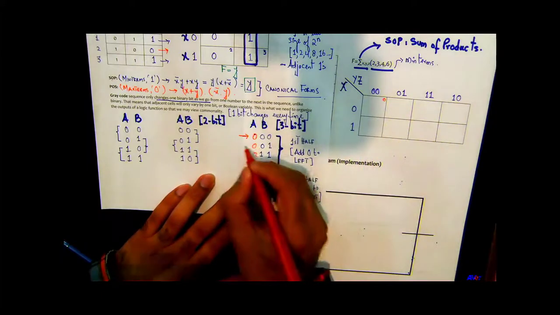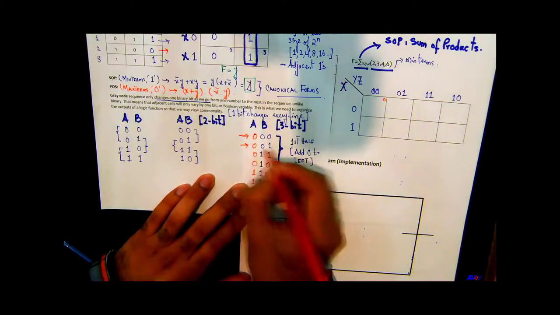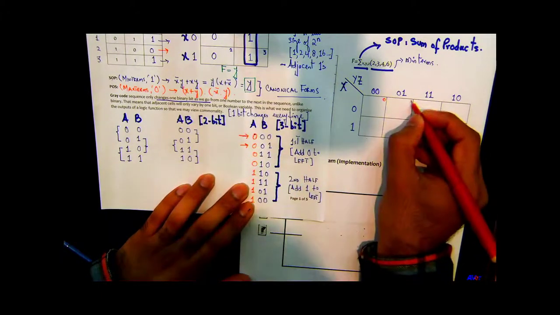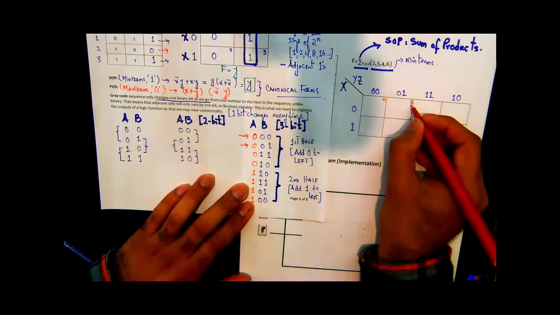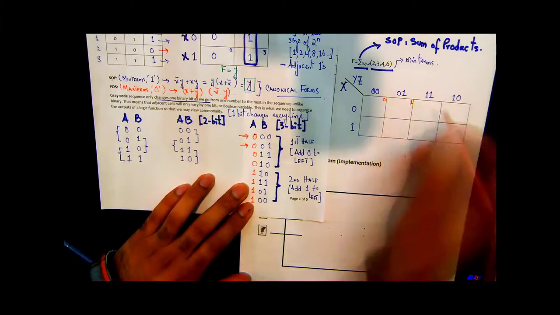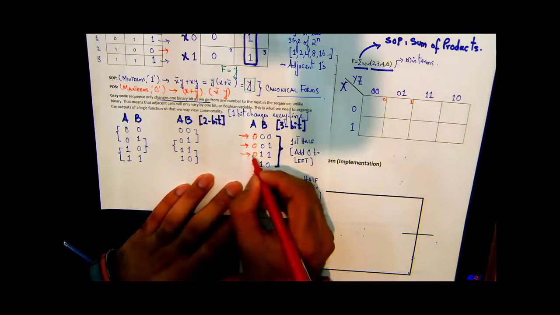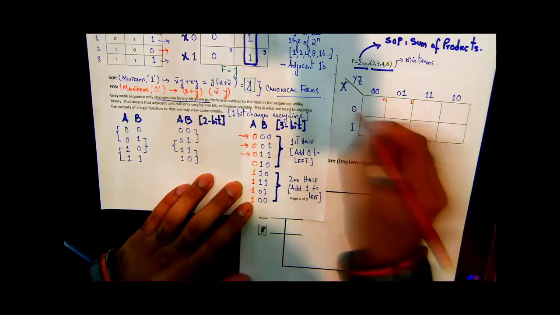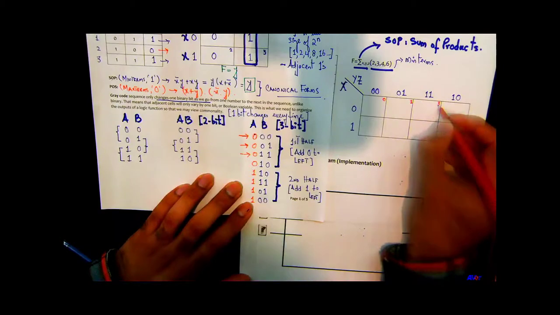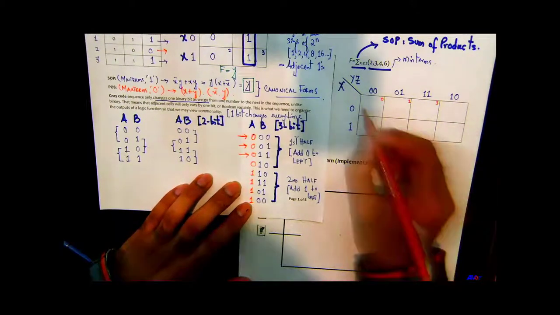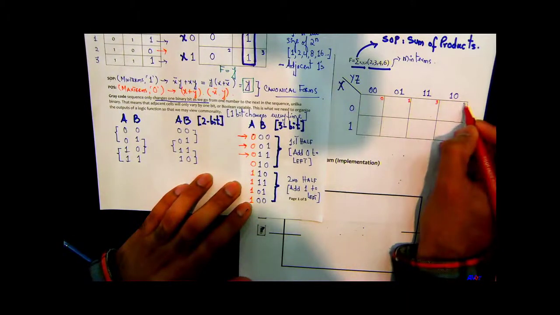What is the next number in here? 0, 0, 1, which is the decimal code for 1. Next value in the sequence is going to be 0, 1, 1, correct? This number is 0, 1, 0, which is going to be 2, right?